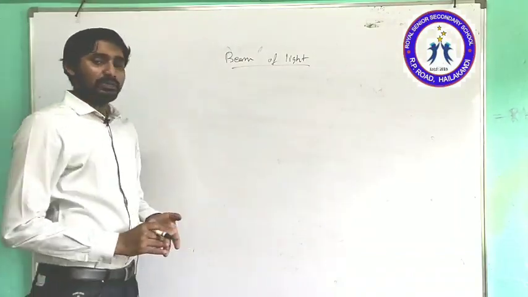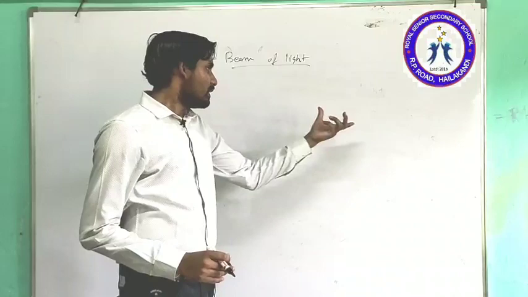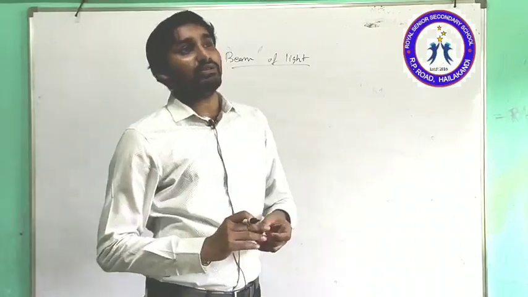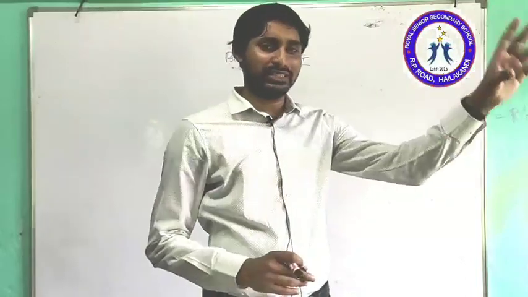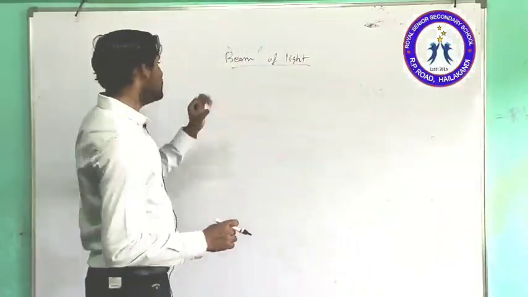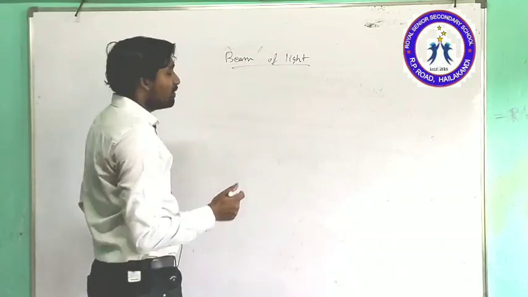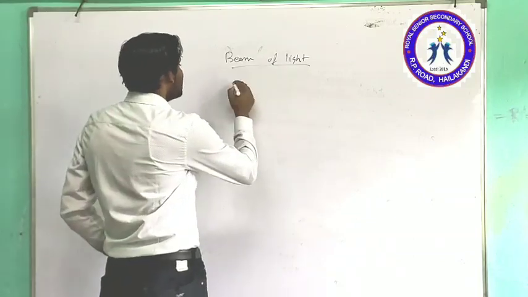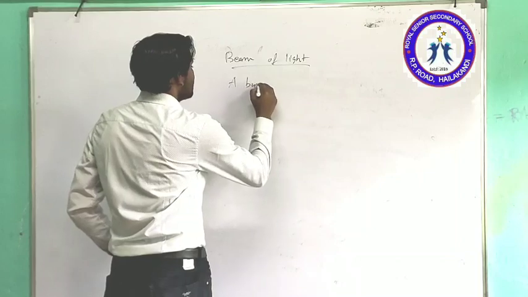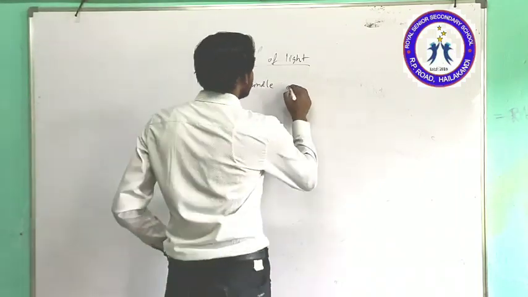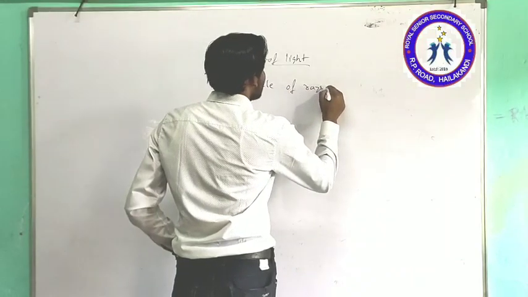Actually, we never speak of light in the form of a ray. We always speak of light in the form of a beam. A beam of light is coming, a beam of light is going in that direction. It means a bundle of rays. A bundle of rays is called a beam.